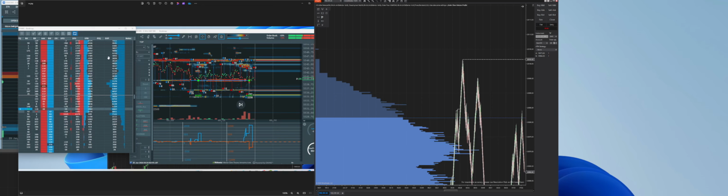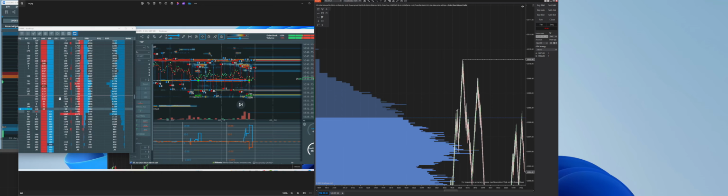So, for example, if I have 1,907 buyers here but 2,285 sellers, that's telling me 378 more sellers came in at this level, dominated the buyers at this price level, and went down a tick or up a tick, whatever, that's what's going on in the price.